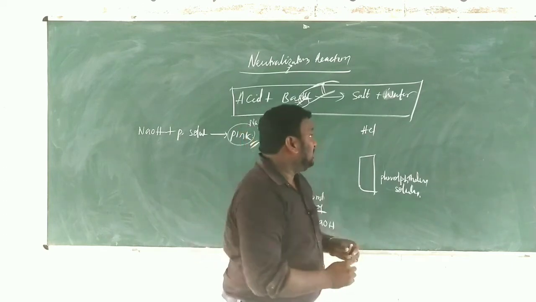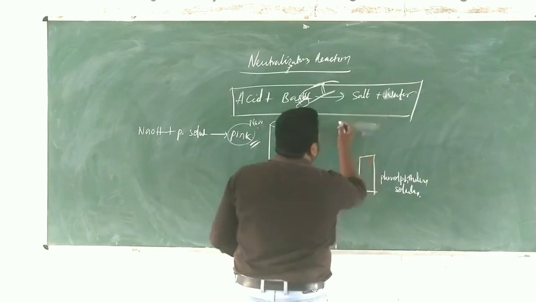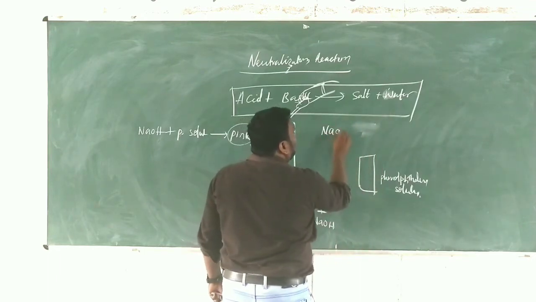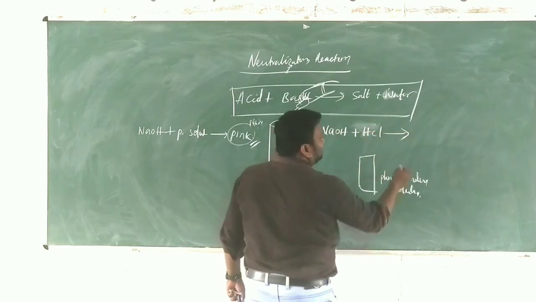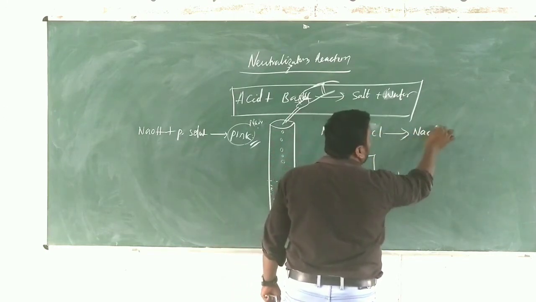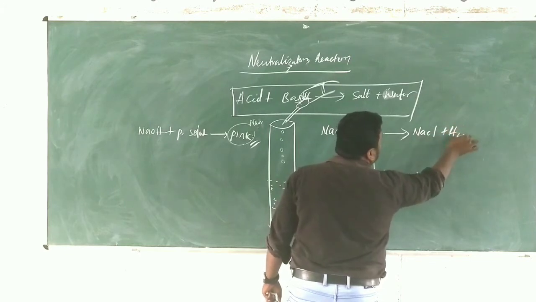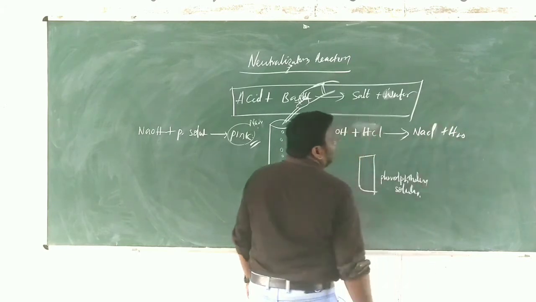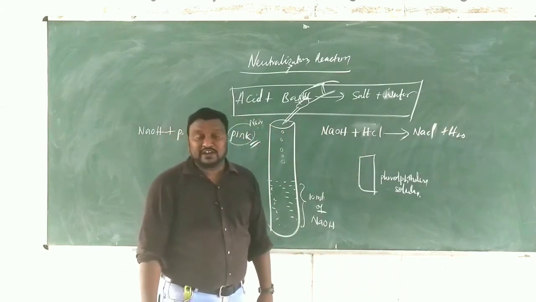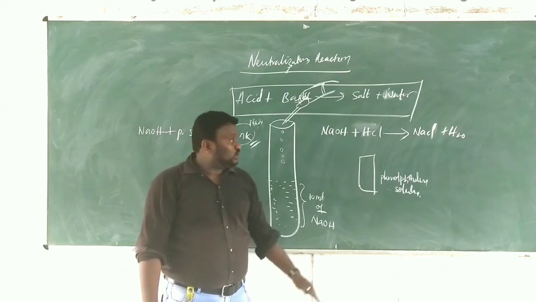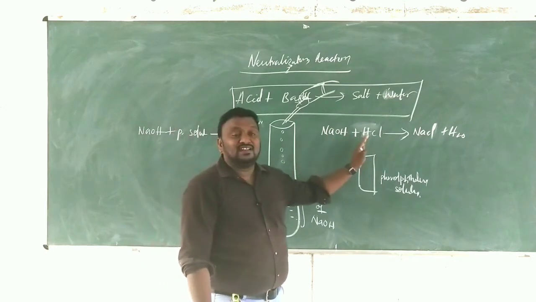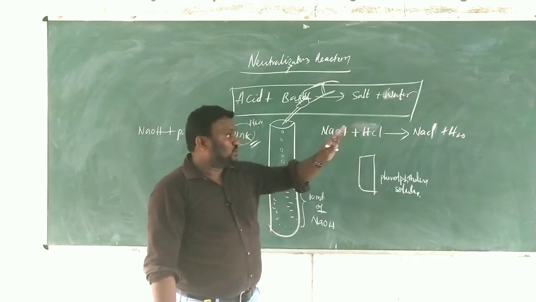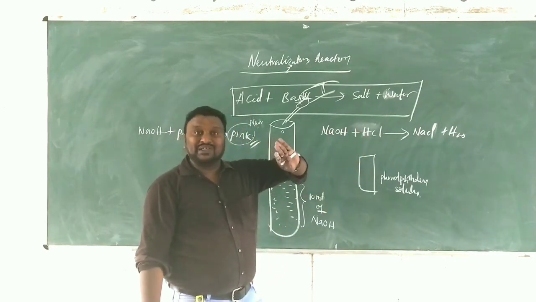When we add NaOH and HCl, we get NaCl plus H2O. NaOH is the base, HCl is the acid. Note that we have to use dilute HCl only.